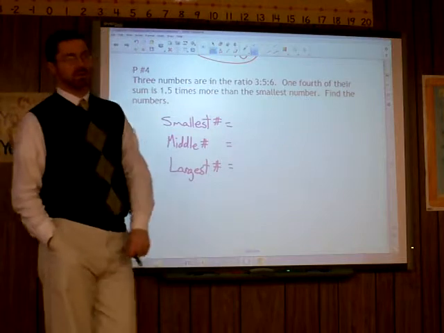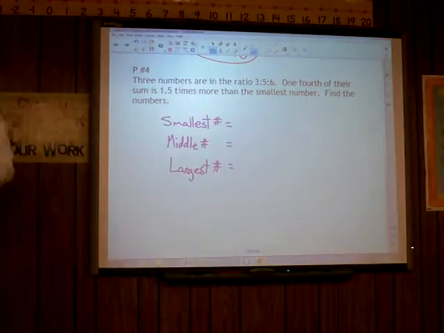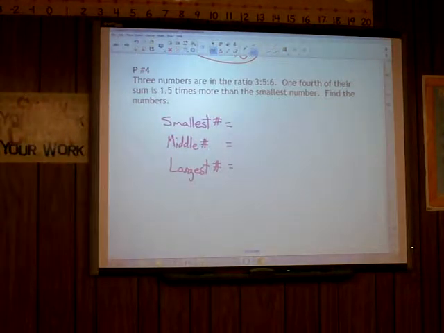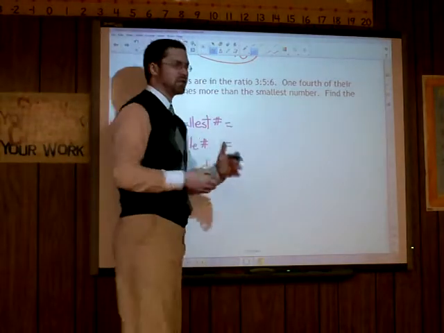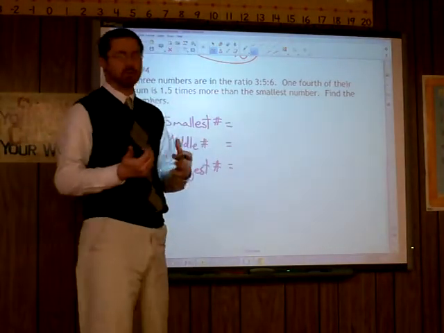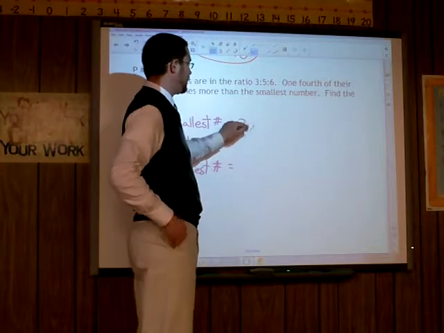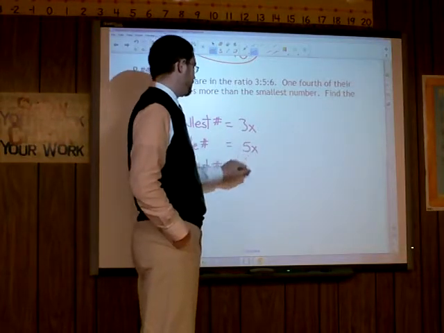Remember how we do that when we're talking about ratios like this? We do 3x, 5x, 6x. There we go. Remember, x is like how many units per part. So this would be 3x, 5x, and 6x.